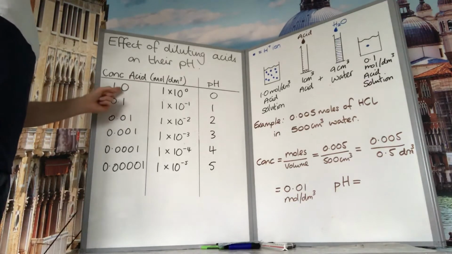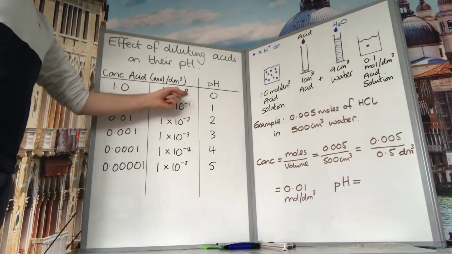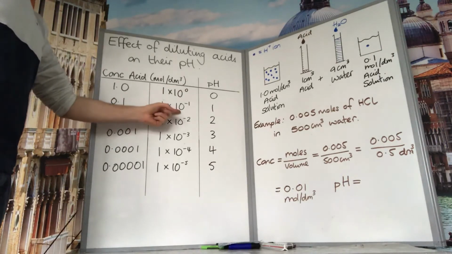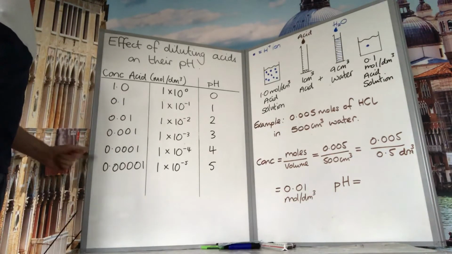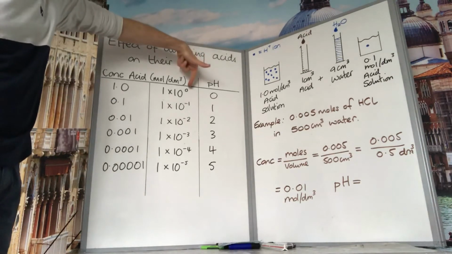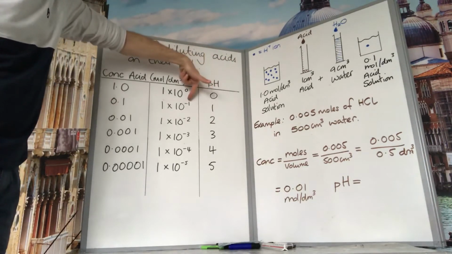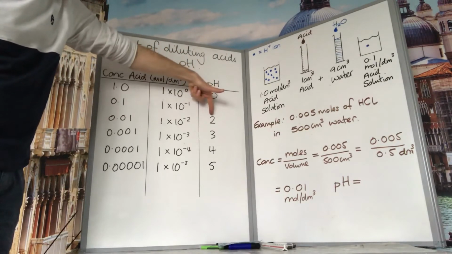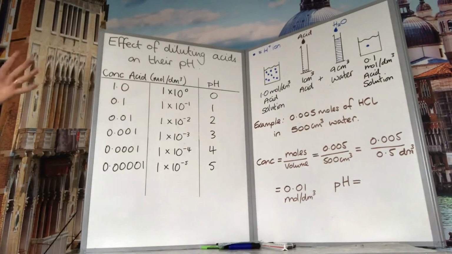So a concentration of 1.0 can be written in standard form as 1 times 10 to the power of 0. 0.1 is written as 1 times 10 to the power of minus 1, and so on. The power of the expression relates directly to the pH. So minus 1 becomes pH 1, minus 2 becomes pH 2, and so on. Okay? Looks complicated, but actually it's fairly straightforward.